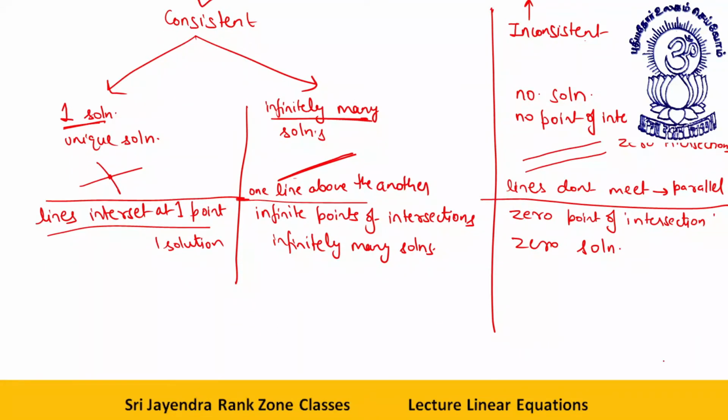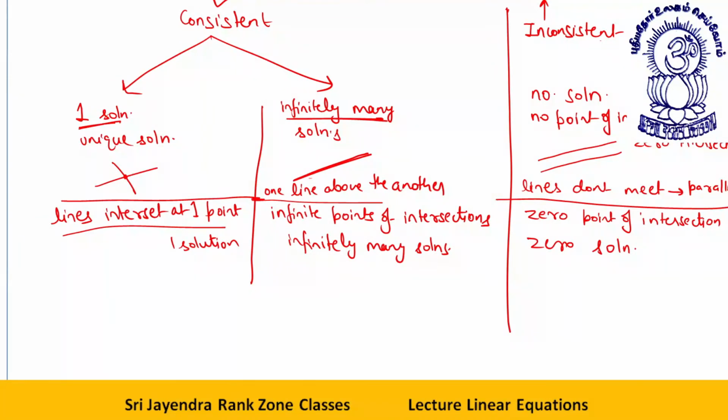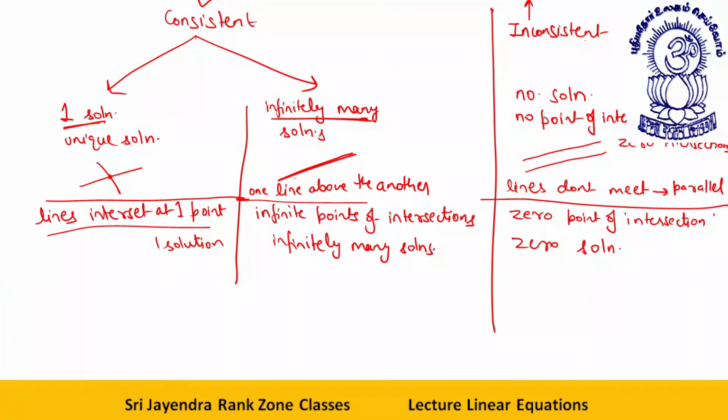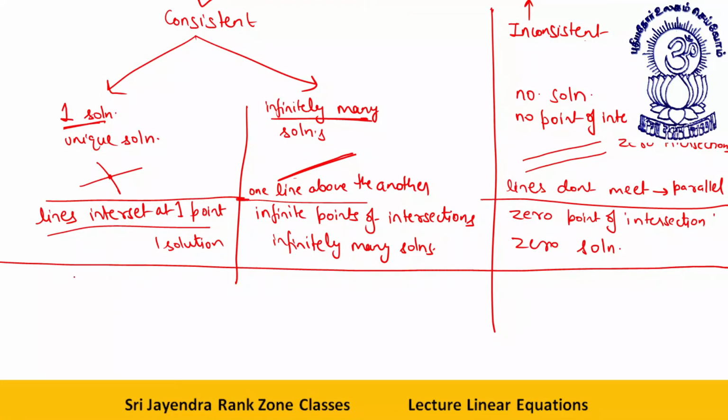The other thing is, my dear students, when does this happen? Here we have different slopes. Here we have a1 by a2 not equal to b1 by b2.